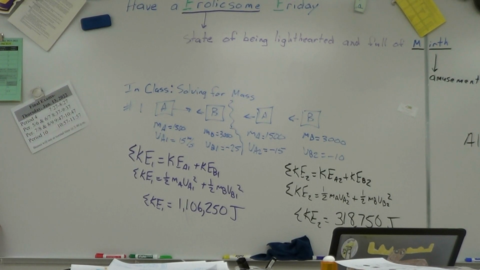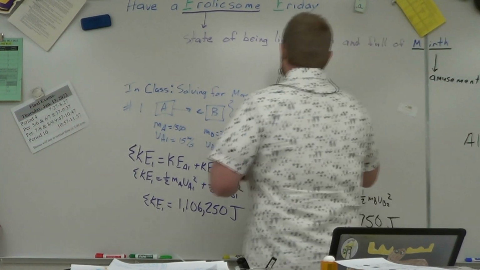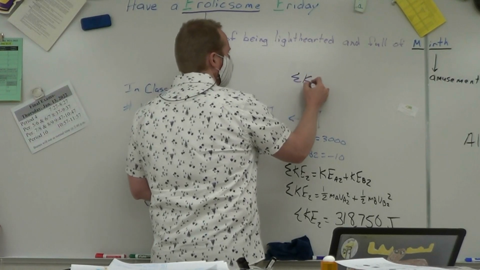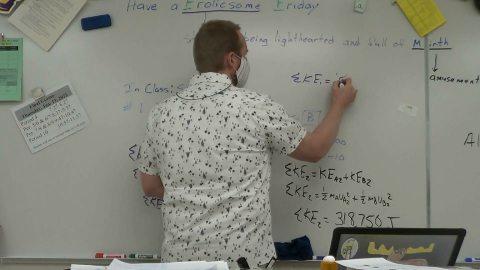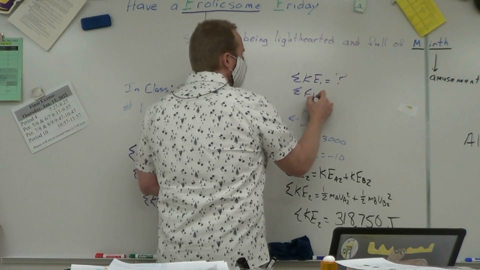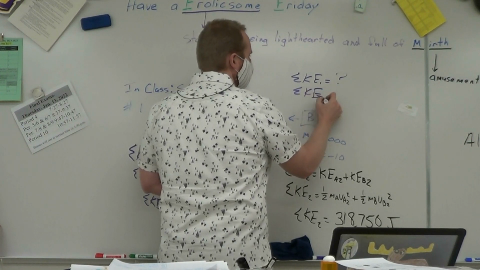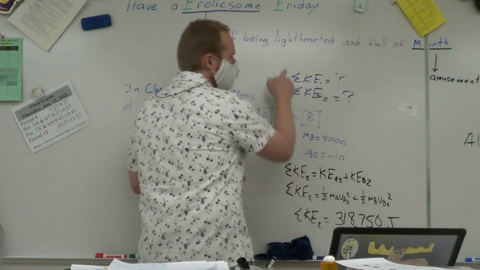have deformation. So we went through one yesterday, and what we have to do in order to determine if kinetic energy is conserved is we go through and we say, well, the sum of all my kinetic energy at location 1 is equal to question mark. We do the same thing at location 2, and then we compare these two.